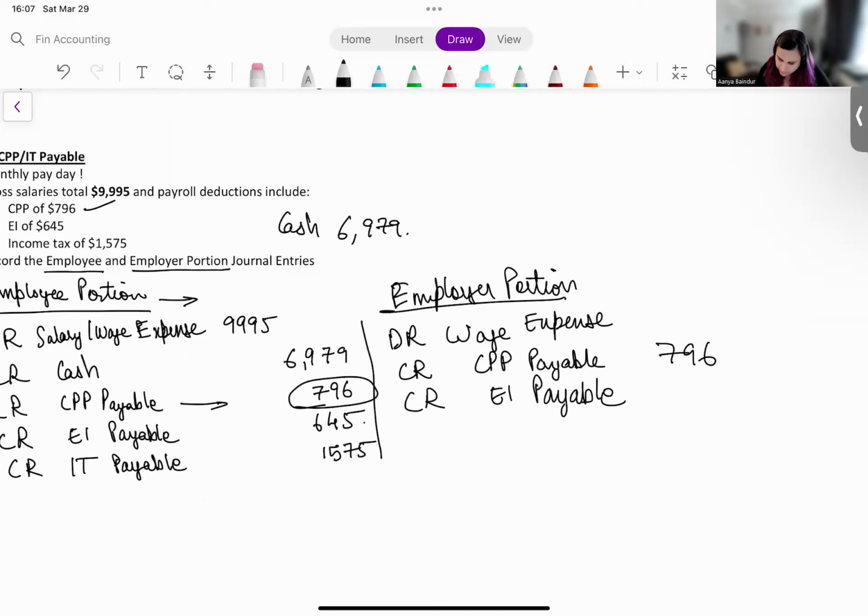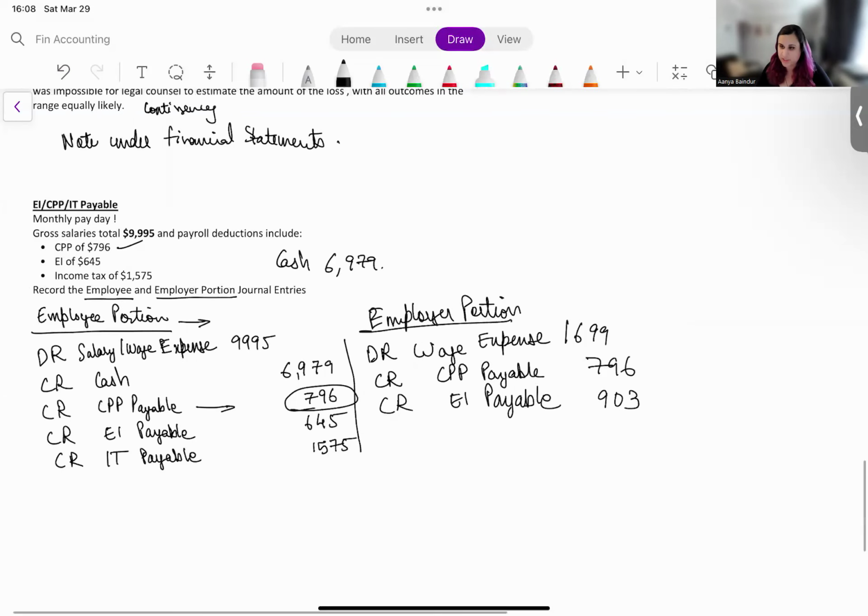And that amount will be 1.4 times how much ever the employees put in. So we take 645 multiplied by 1.4. That gives us 903. This is how much the employer has to put in. So the employer has to put in more than the employee. And now we just add these two amounts, and that is how much our wage expense is. 1699. This is what the journal entries look like.